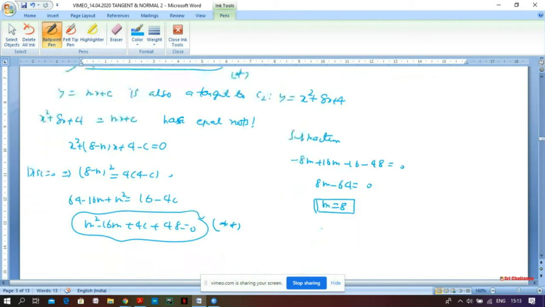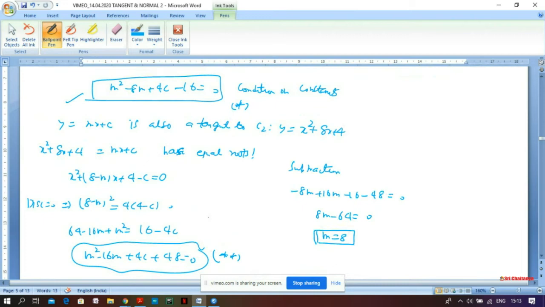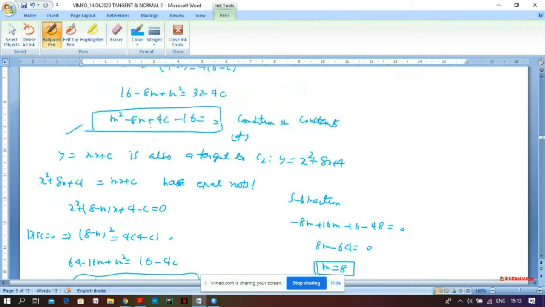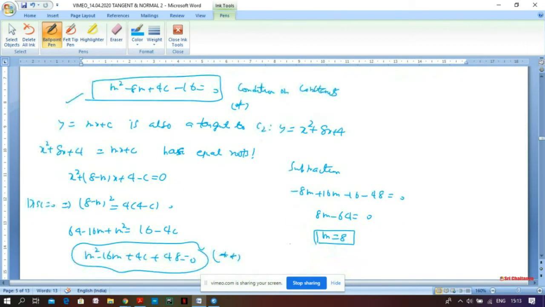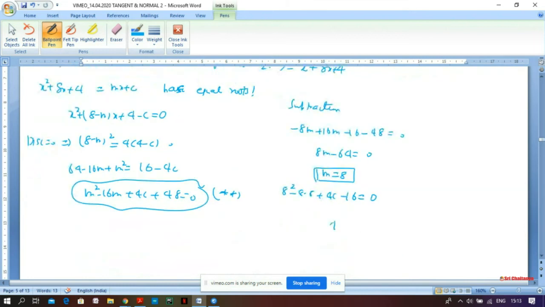Now c I can get from anywhere, and so I just plug in here. So c is getting from, say, the other one, that m square minus 8m. So I can write 8 square minus 8 into 8 plus 4c minus 16 is 0. And so 4c is 16. We get c equals 4. So we get m equals 8 and c equals 4.